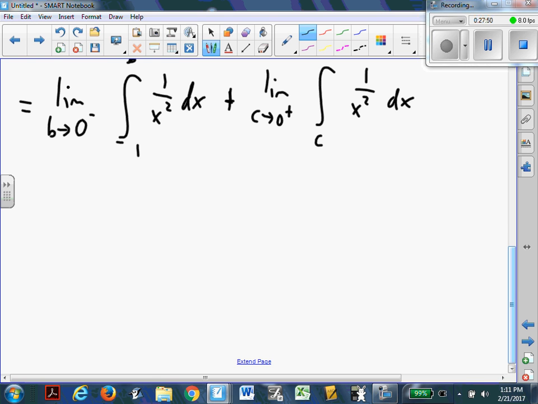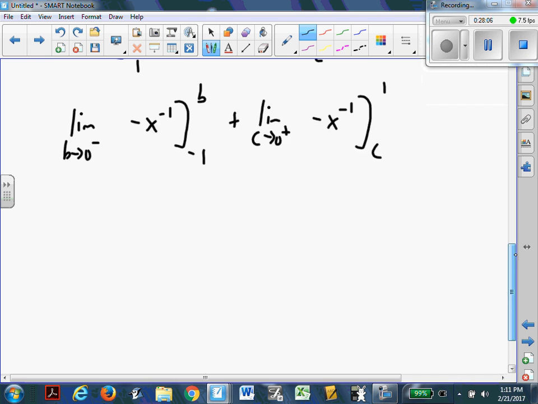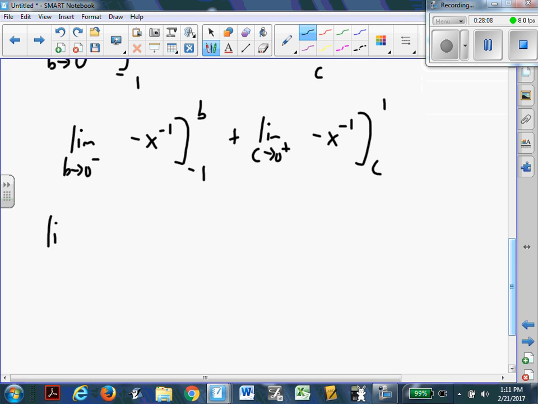So this is negative x to the -1 from -1 to b as b goes to 0 from the left. And this is also negative x to the -1, this time as c goes to 0 from the right. And it might help to write this out a little bit here. So this is the limit as b approaches 0 from the left.